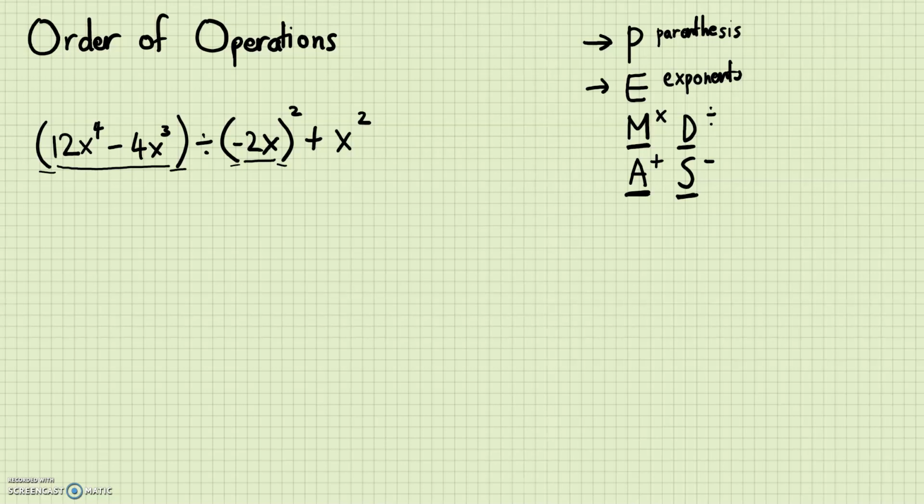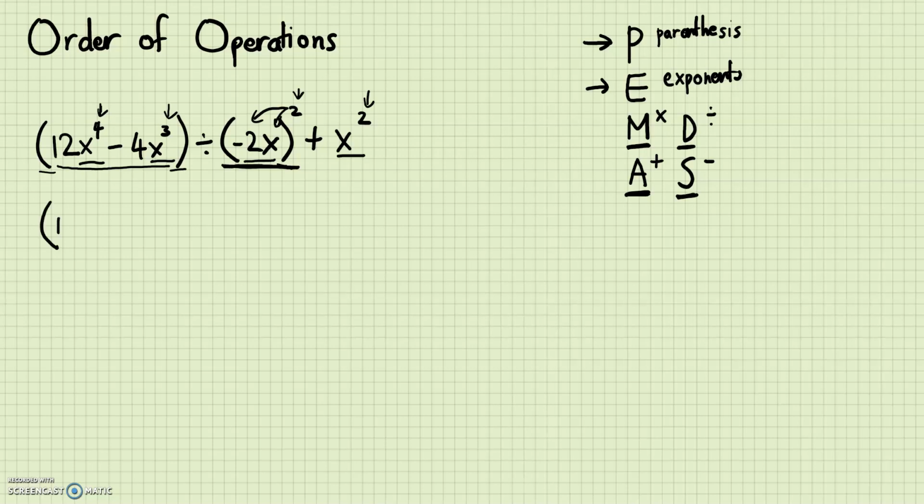How about exponents? Are there any exponents here? We have some exponents here, here, here, and here. Are there any exponents that you can simplify? Well, we can't simplify these, but we can simplify this one here. We can distribute the exponent to each of the terms inside. Remember the rule for distribution of exponents?